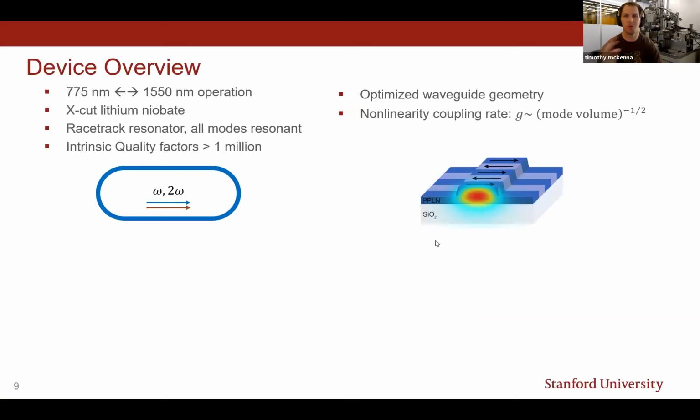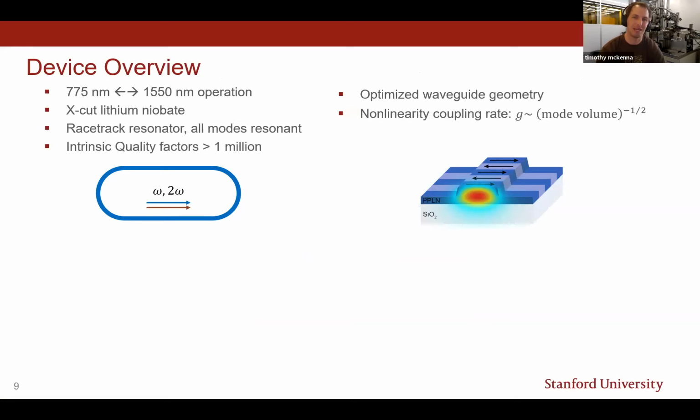An overview: we're working in the bands of 1550 and 775. For shorthand, I might call that band 780, but I'm really just talking about the second harmonic when I say 780. And this was a racetrack resonator device that we built on X-cut lithium niobate.